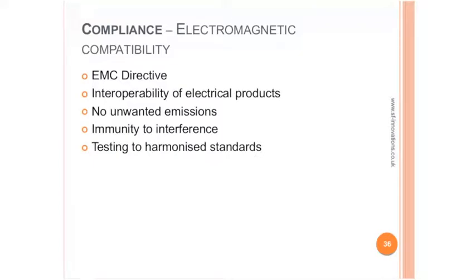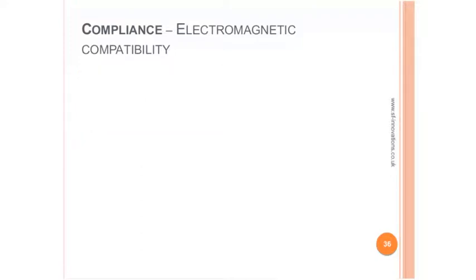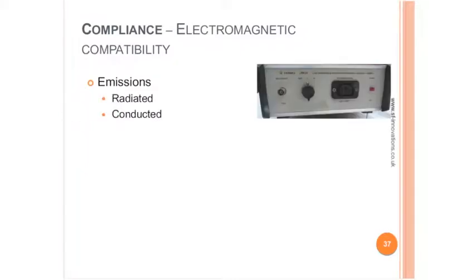And compliance to this is by testing to harmonized standards. So with EMC, you're looking at emissions, which could be radiated or conducted, and that is, for example, a LISN, which is used for conducted emissions.